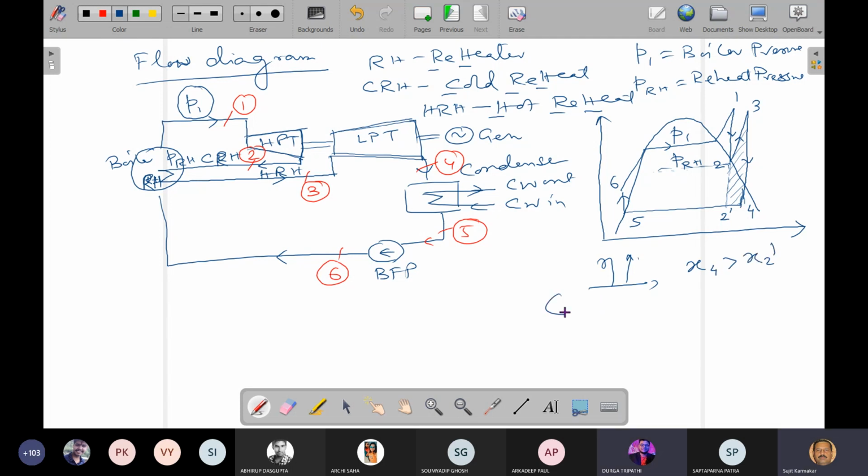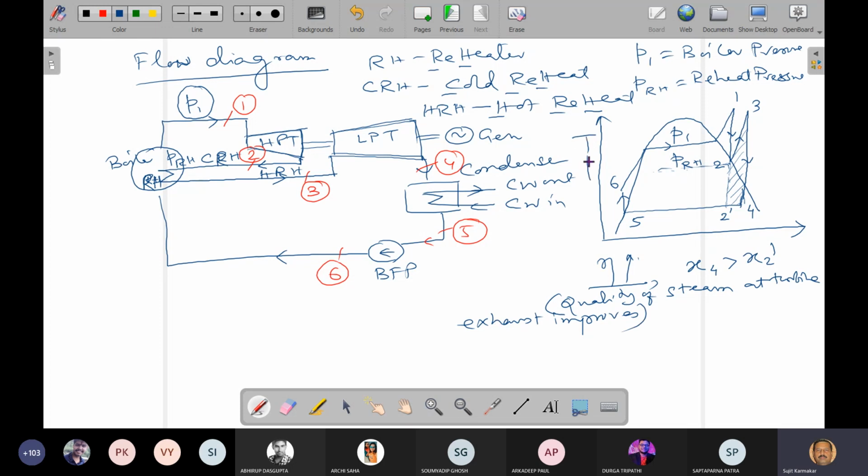So that means in this case the quality of steam at turbine exhaust improves. Okay, so that is what happens in this case.